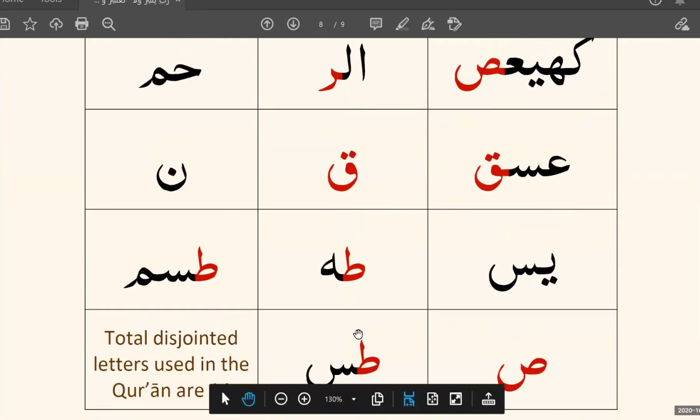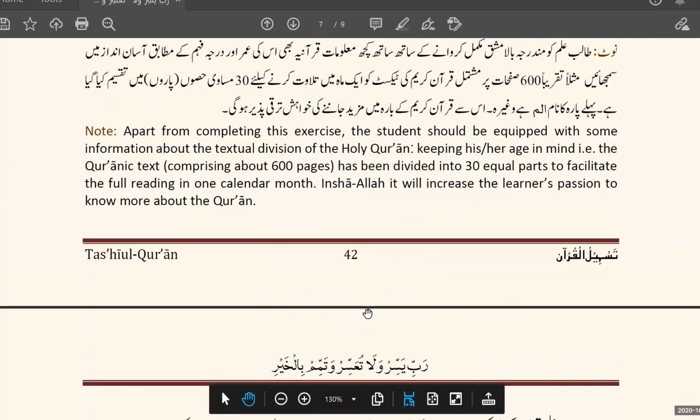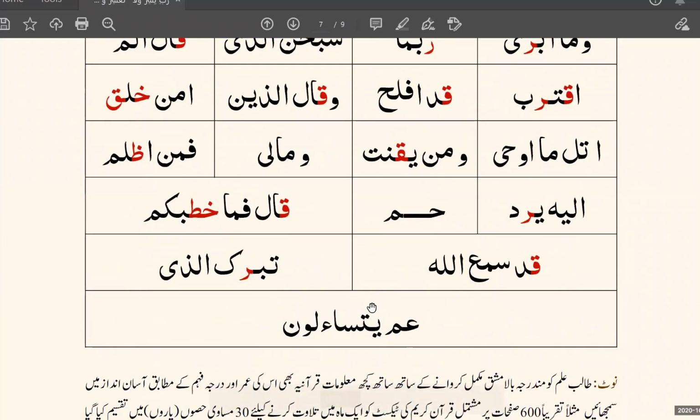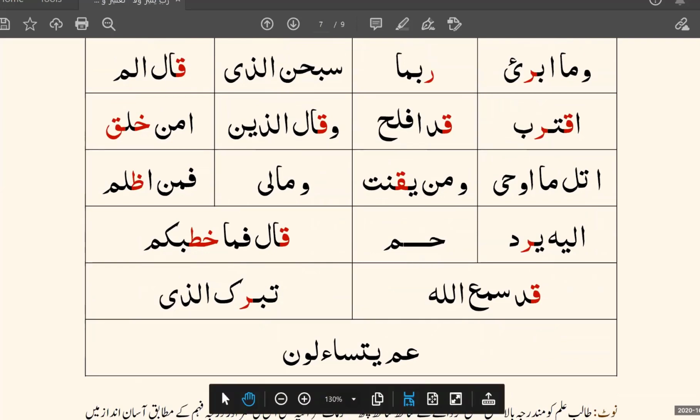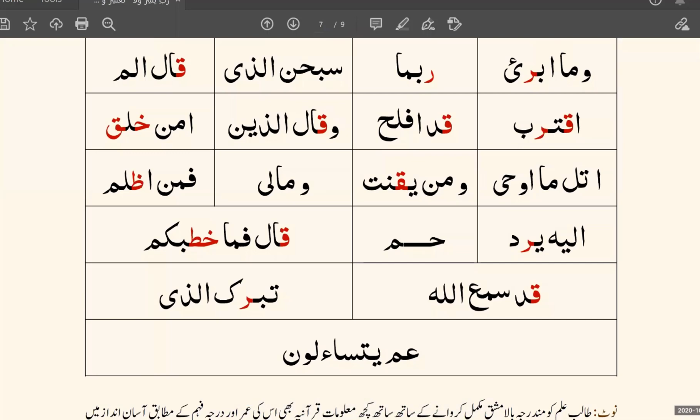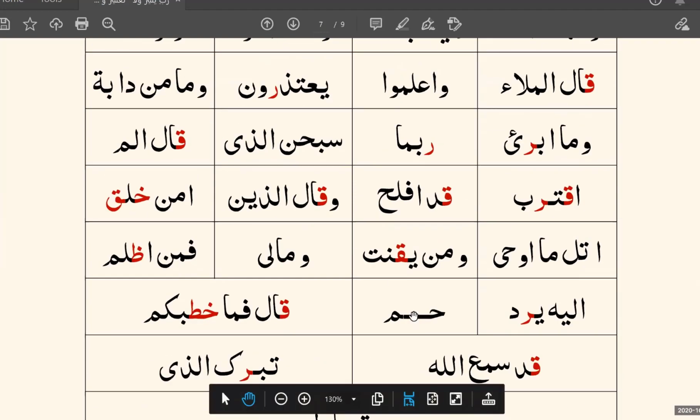With regards to dha, it is also a heavy letter, and the tip of your tongue basically inclines upward toward the ceiling of your mouth.